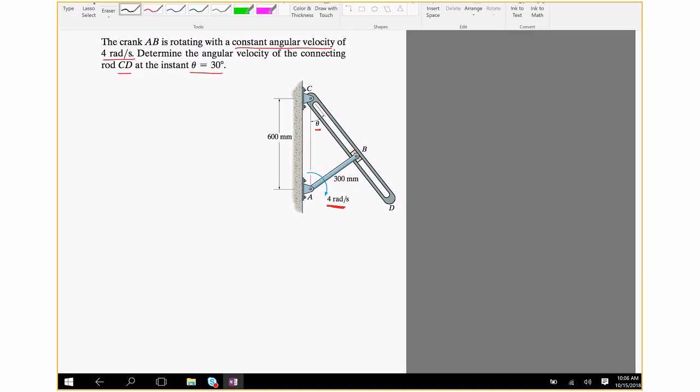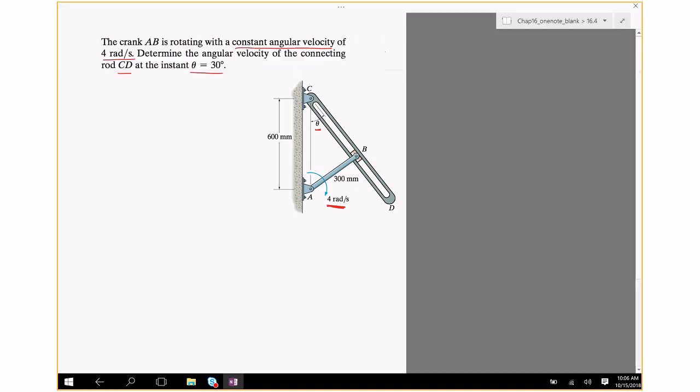Let me use something else. Let's use beta. Okay, so you're given that beta dot equals 4, and if you want to be very particular about this, you can call it -4 because it's clockwise, right? Clockwise is negative, counterclockwise positive.